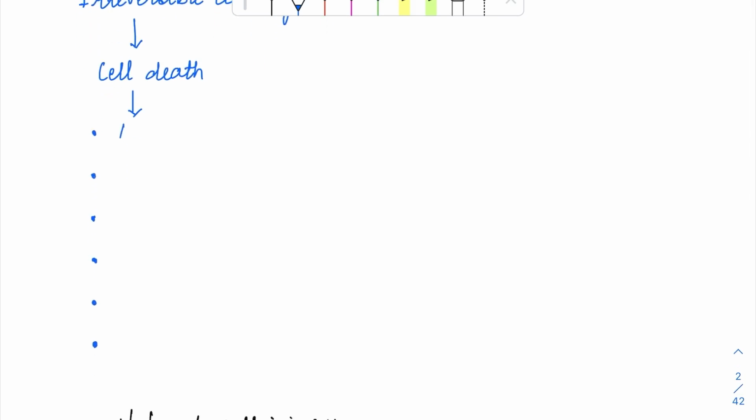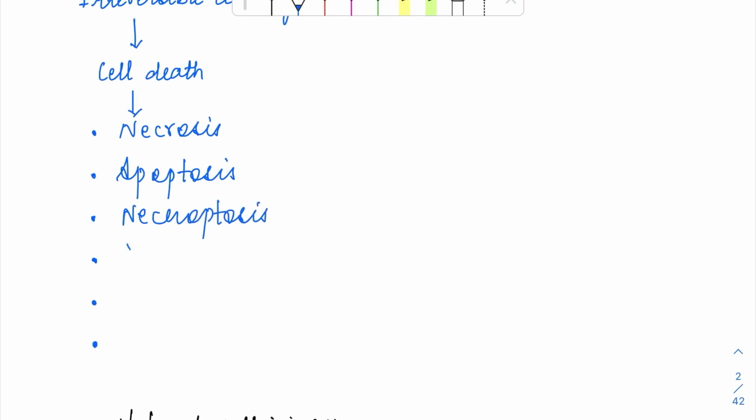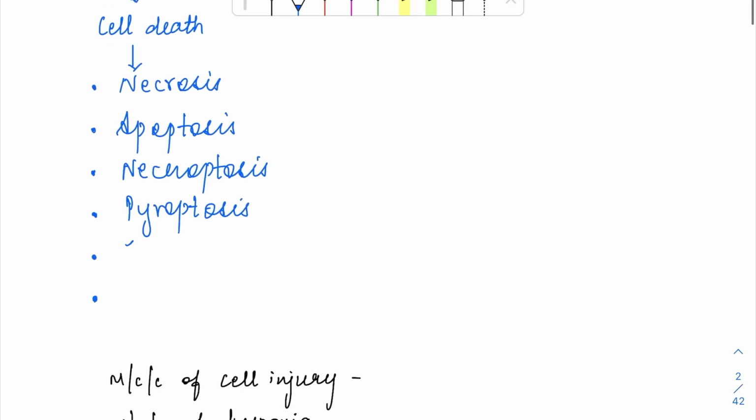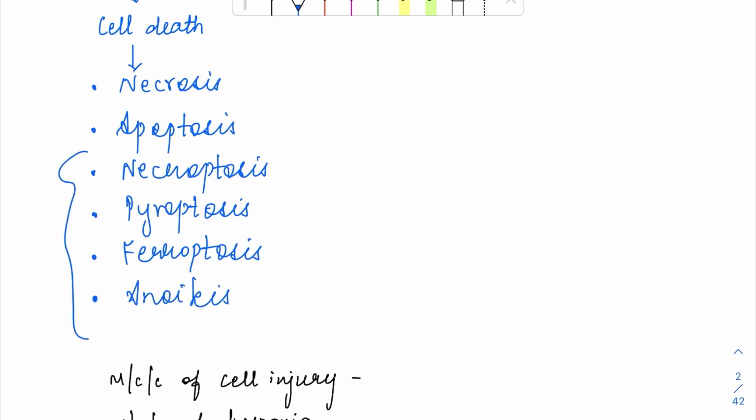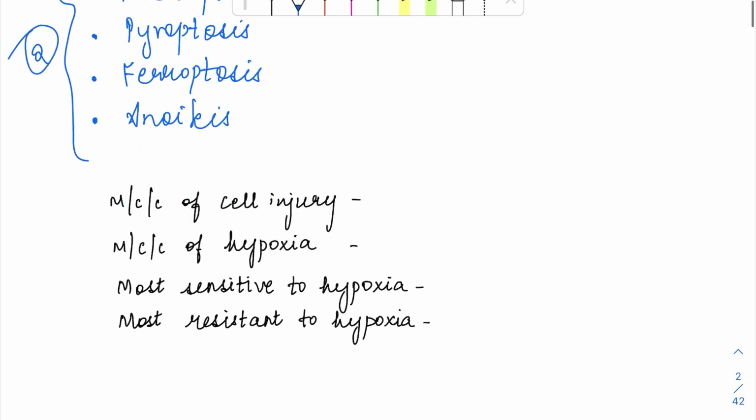So we have various forms of cell death which are necrosis, apoptosis, then we have necroptosis, then pyroptosis, then ferroptosis, then anoikis. So these new forms of cell death apart from the conventional necrosis and apoptosis are quite new and they are potential for being asked in MCQs.